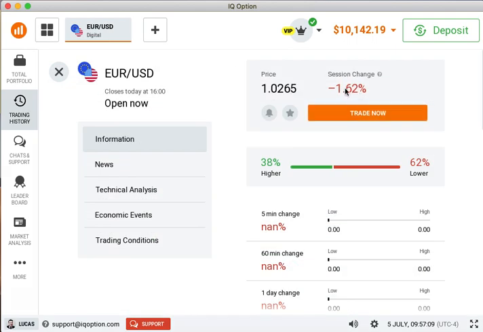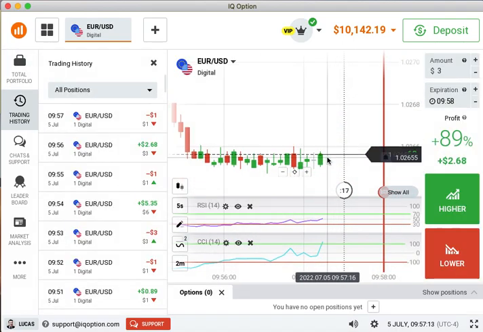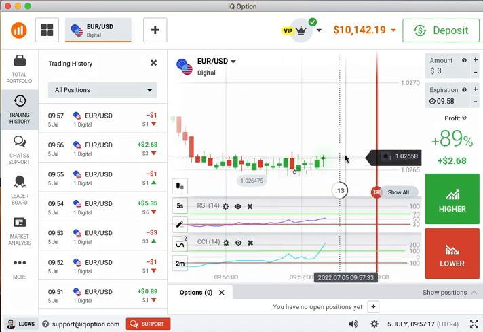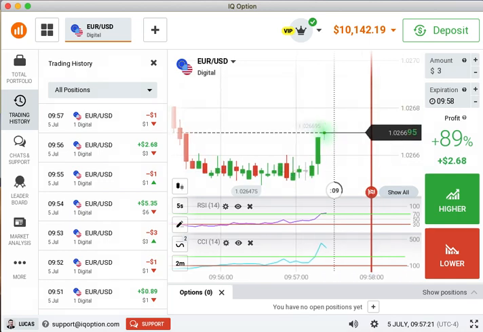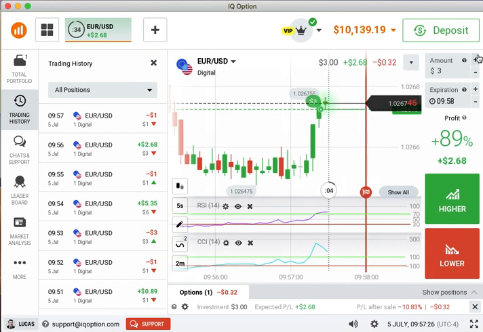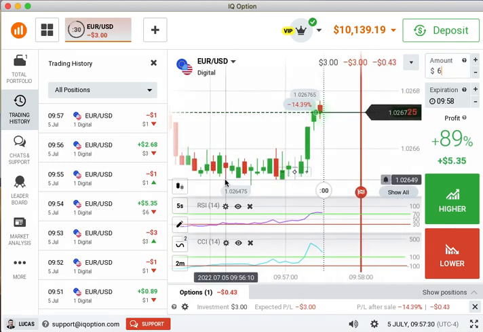As the session changes, 1.62 in a sell, so this market is in a big sell. We're waiting patiently for the trade. 9, 8, 7, 6, 5. Buy for 3, bring it up to 6, and wait for the trade to finish.